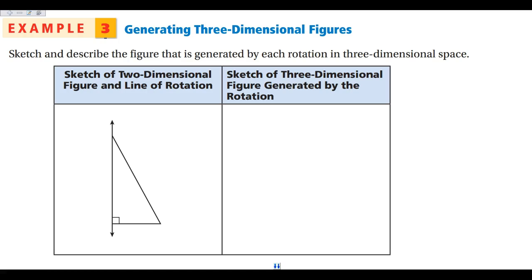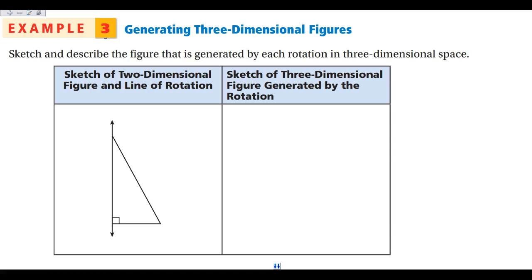All right, let's look at one more thing and talk about rotating a figure. Right here I have a triangle, and I'm going to rotate it around that line. If you're having difficulty visualizing it, cut a right triangle out of a piece of paper or a note card, something with a little more thickness. Tape it to your pencil, hold your pencil vertically, just like this line, and spin your pencil using the tip.